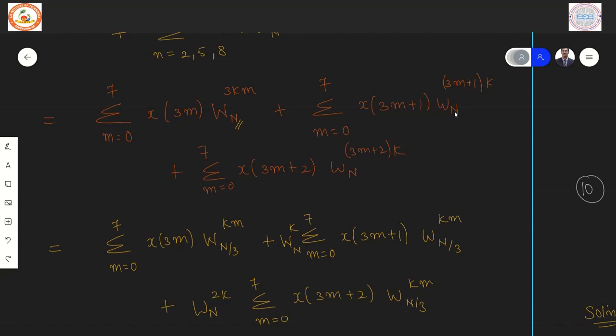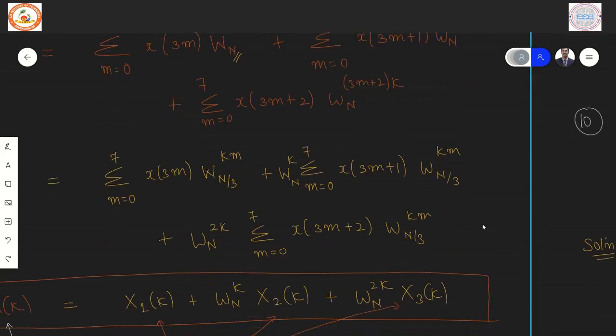But we have to observe that in the second and third summation, the twiddle factor powers have 2 terms, hence you can split it. So in the second summation, W_N to the power of k is a constant because it's independent of m. You take it outside the summation. In the third summation, W_N to the power of 2k is a constant. You can take it outside the summation.